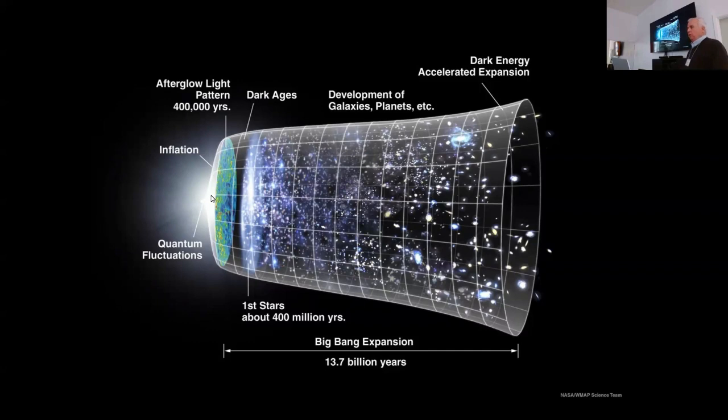Some of it we will be talking about the first few minutes of the universe, which may sound crazy, but we're going to be talking about that. And then a lot of what's going to happen with the elements is in stars, and that will happen much later, after the first few 100 million years, and is continuing today.